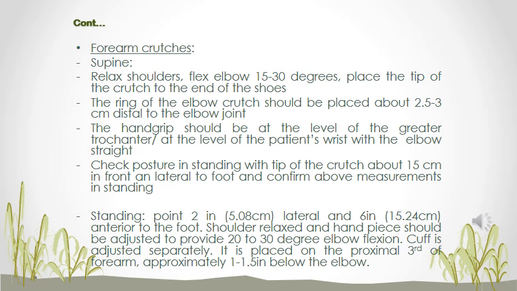Always check the posture in standing as well, with the tip of the crutch 15 centimeters in front and lateral to the foot, and then use this standing position to confirm the above measurements. Make sure that the elbow is slightly flexed, and then ask the patient if it feels comfortable walking with it.